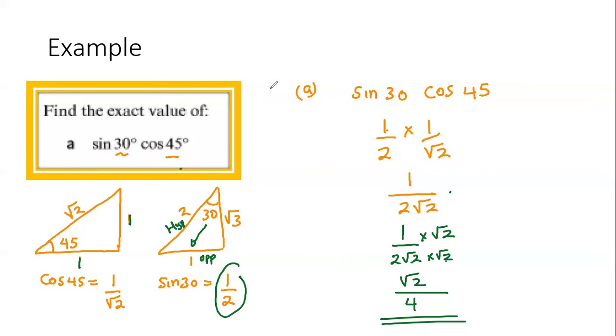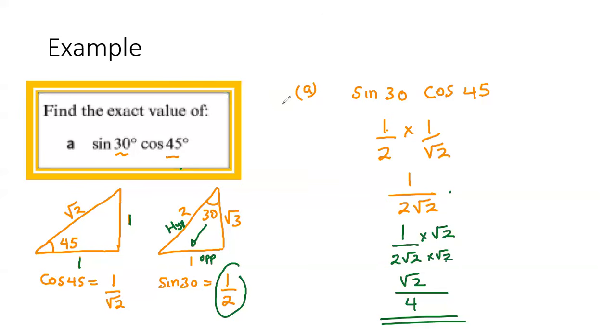That's why we call them special. Whenever you are finding 30, 45, 60, these triangles apply. So the moment you find those three special angles, always these triangles will apply. Okay.